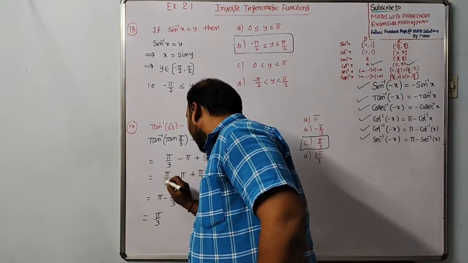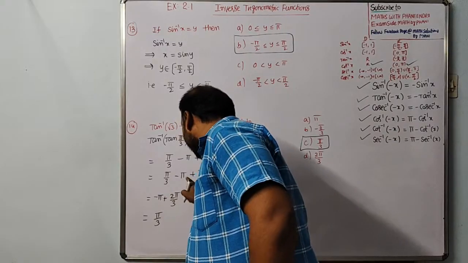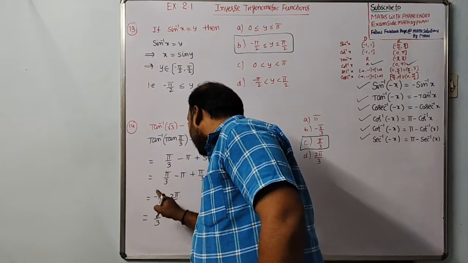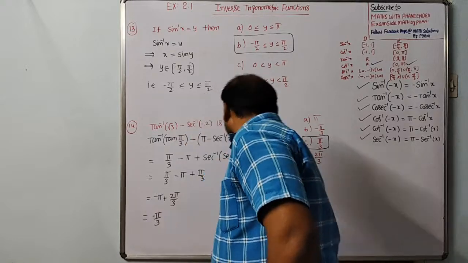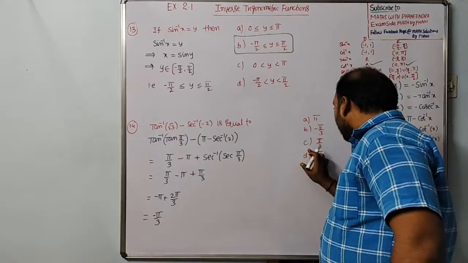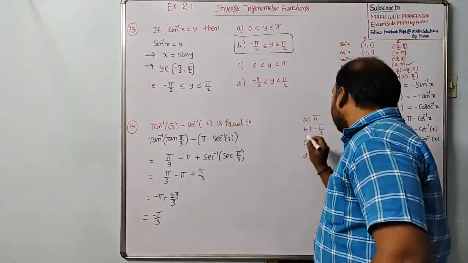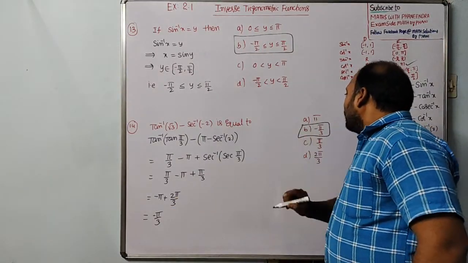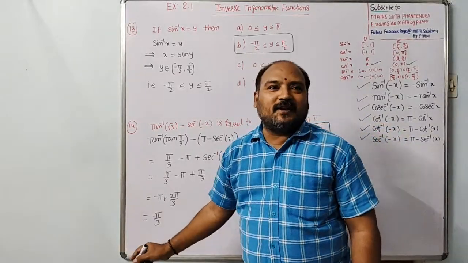So very sorry, this is plus, this is minus. Minus pi, no? Pi by 3 plus pi by 3, 2 pi by 3, minus pi by 3. So your answer is minus pi by 3, dear students. I already wrote it, but here in simplification a little was required, I forgot. So our answer is minus pi by 3.